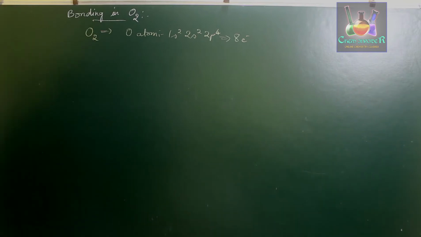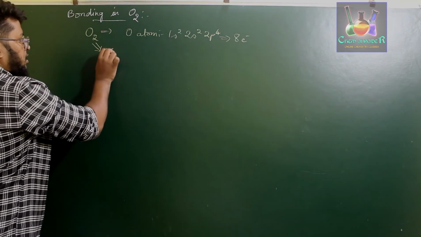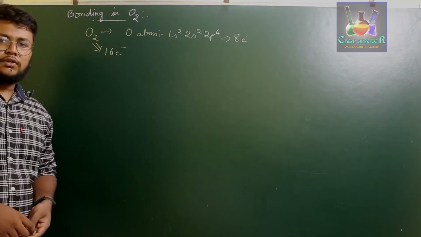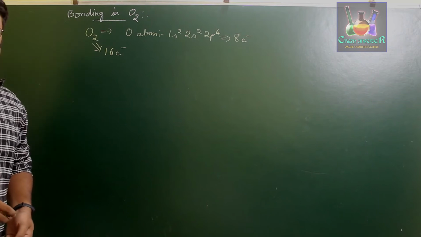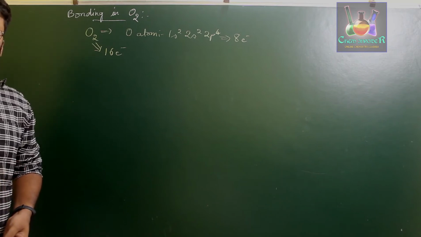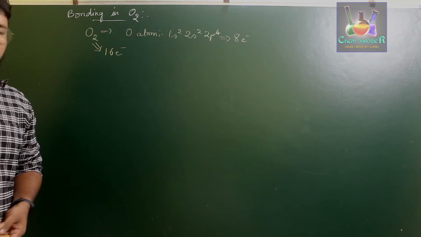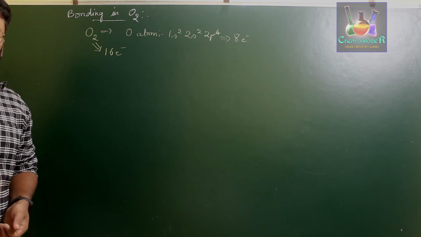Oxygen atom has 8 electrons, so it will have 16 electrons in its molecular state. When drawing the energy level diagram of a molecule, we need to consider whether it has fewer than 14 electrons or more than 14. Here the oxygen molecule clearly has more than 14 electrons.